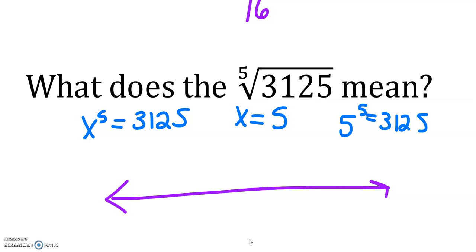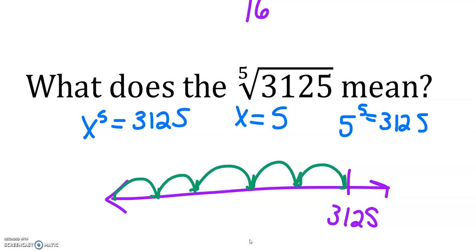Here we have the number 3,125. We're going to take 5 steps to get to that number. We're going to multiply by the same number every time we take a step. How big are these steps? What are we multiplying by every single time? Well, we're multiplying by 5.